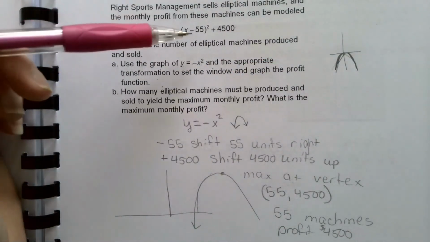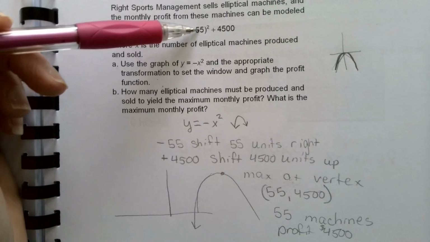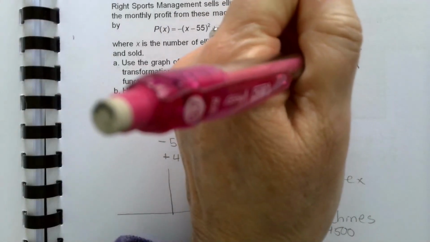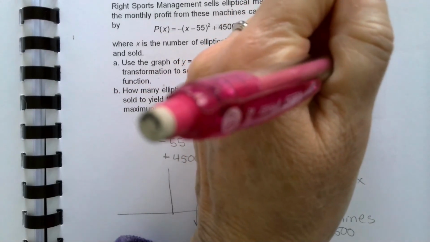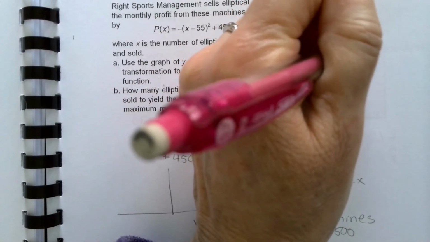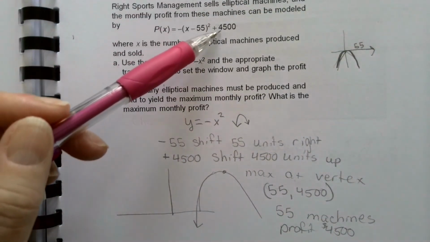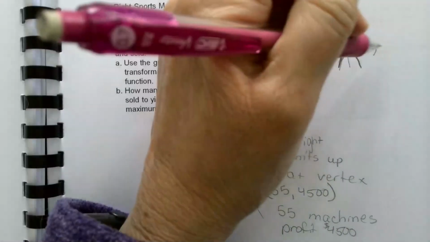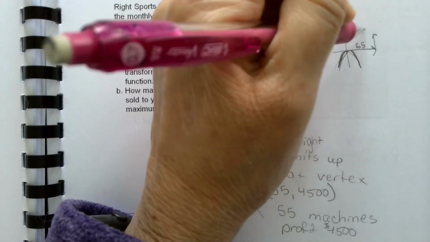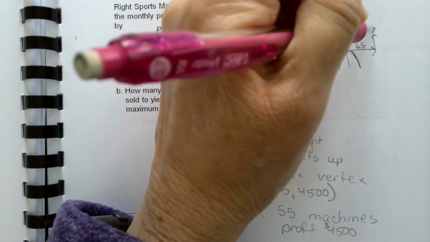The minus 55 is going to shift it in the positive direction, so it's going to shift it 55 units to the right. And the plus 4,500 is going to shift it up 4,500 units.